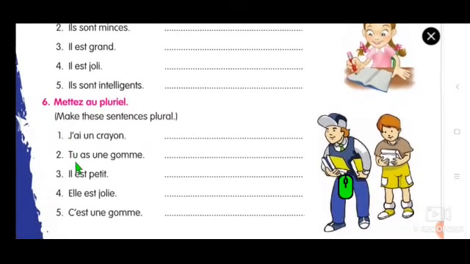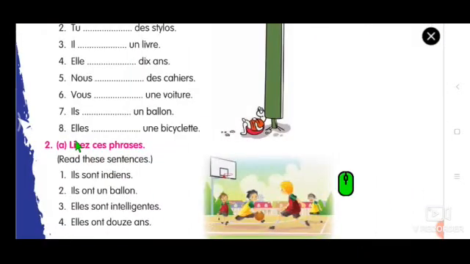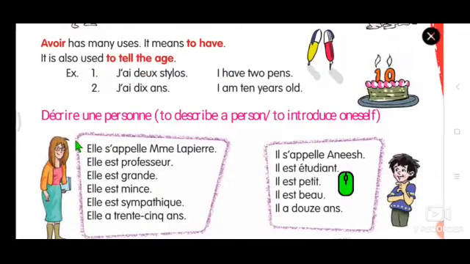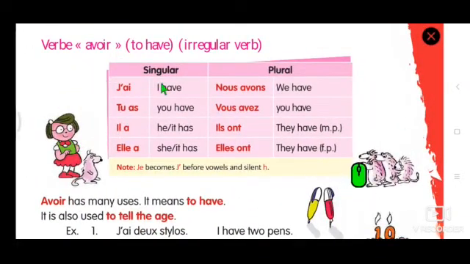Now for the plural exercise, first you have to see this tabular column of avoir. This is singular and this is plural. The singular j'ai becomes the plural nous avons. So when you see j'ai, you replace it with nous avons. Tu as is replaced with vous avez. Il a is replaced with ils, and elle a also.